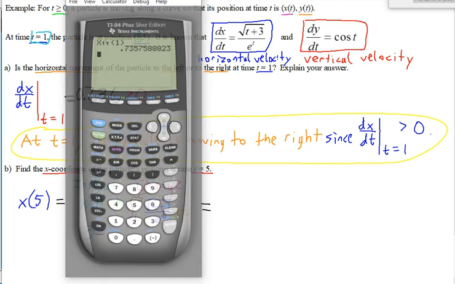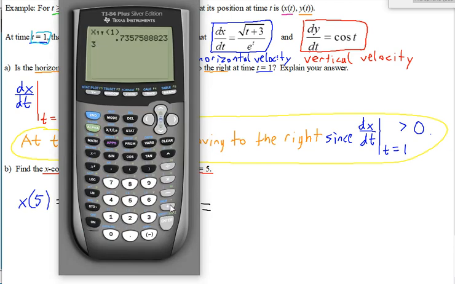So back to the 84, it would be 3 plus, and then MATH, number 9, again, function integrate. And what we're integrating, VARS, Y-VARS, and then go down to number 2 parametric is x1, comma. Now when you hit this XT theta n button in parametric, it's going to say t, comma, instead of x.